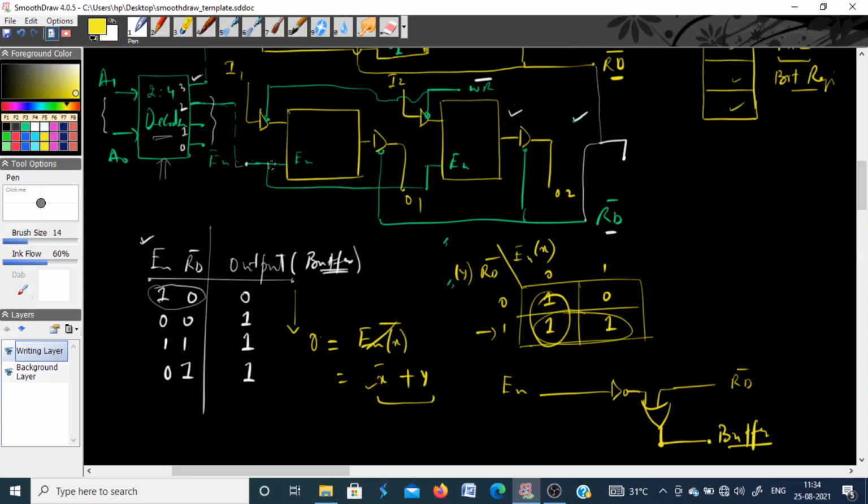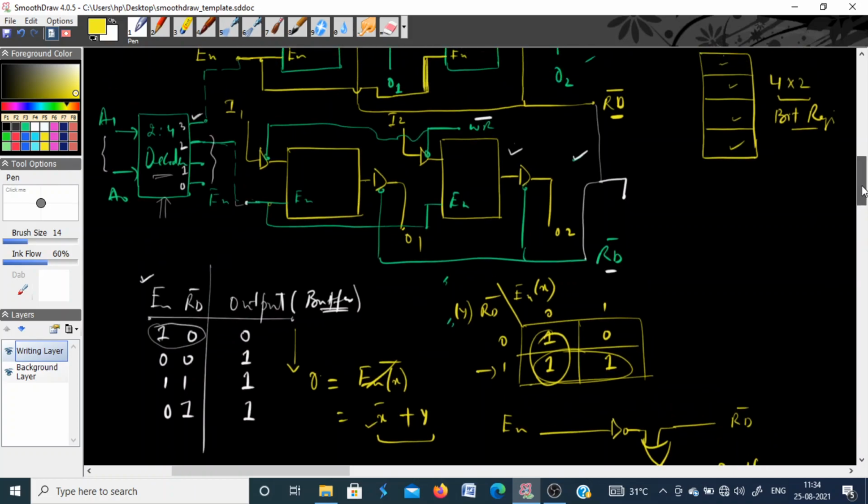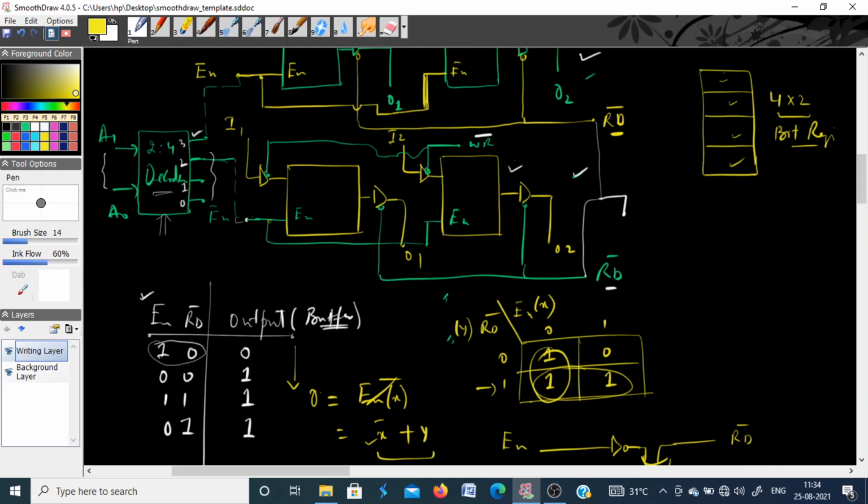So this enable pin, if you see here, let us suppose for this case, you have the enable signal which is of course connected to all these pins. To generate this buffer control logic, you must connect this to the inverter, and this read signal must be combined with this using an OR gate.